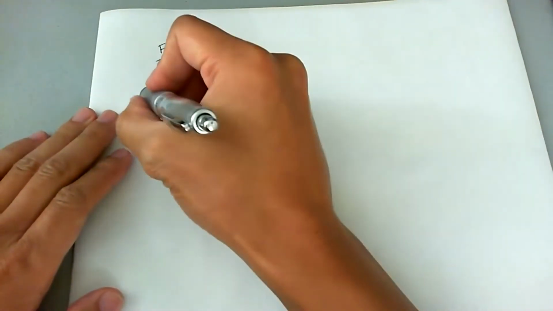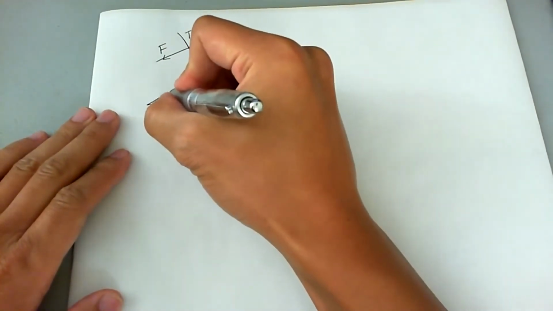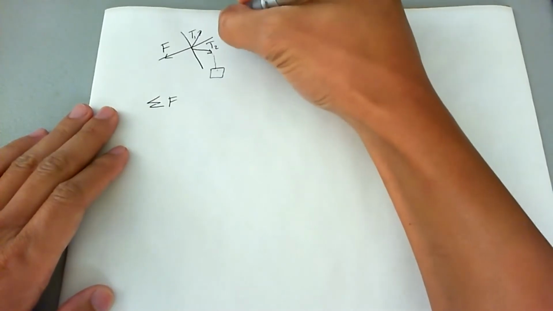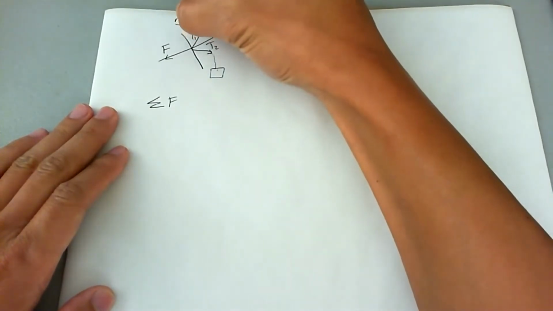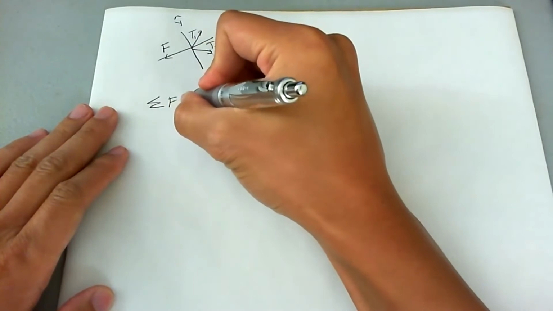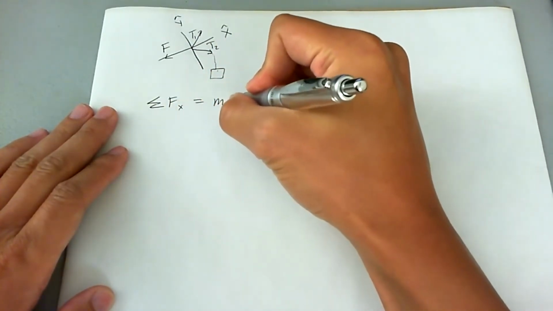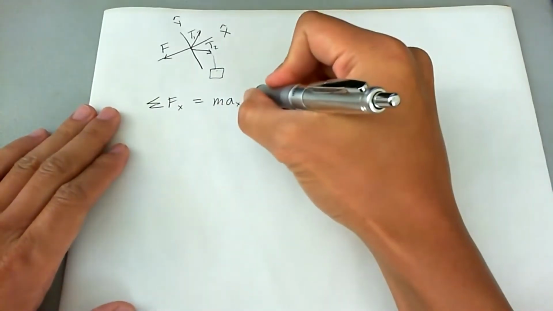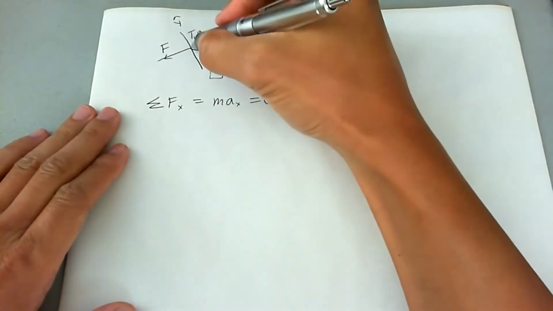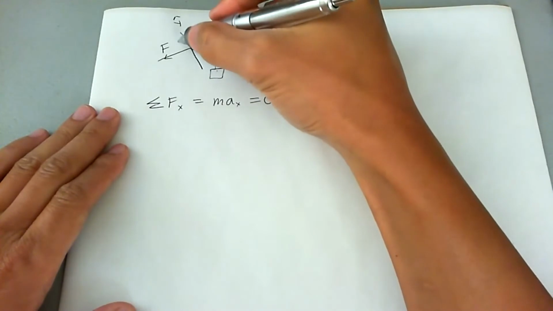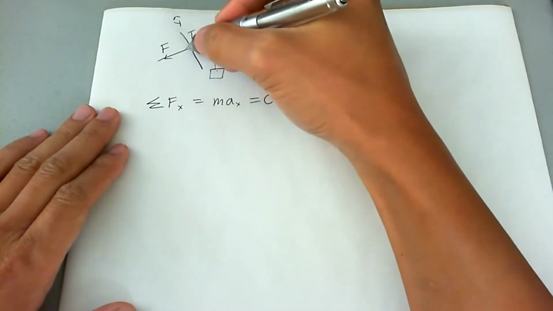So the first thing we're going to do is write out Newton's second law for our x-axis. This is the x-axis. This is the y-axis. The x-axis Newton's second law is equal to mass times the acceleration in the x-axis. And that's just going to be 0 because it's a stationary leg in the hospital bed, so nothing's moving.